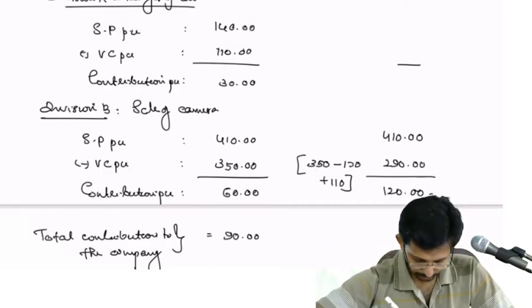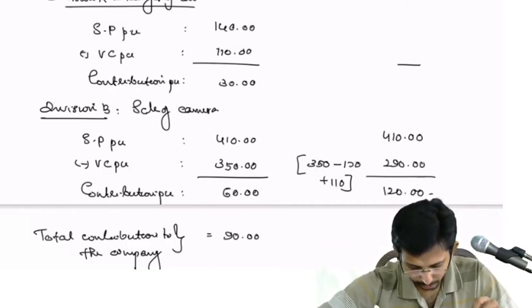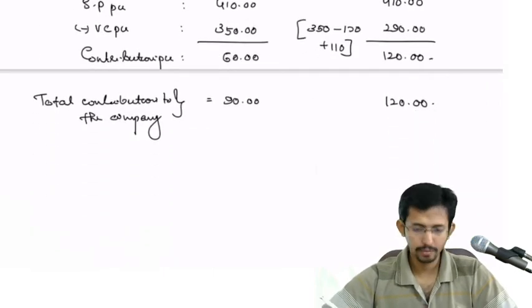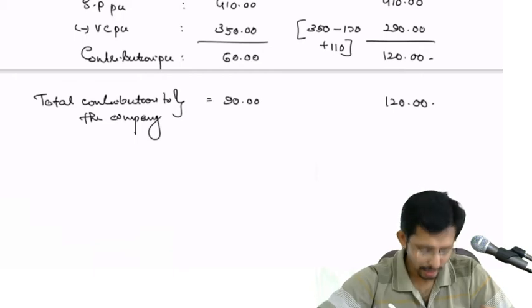And what will be the total contribution to the company? Total contribution to the company will be 120. Okay, so what is the conclusion here?